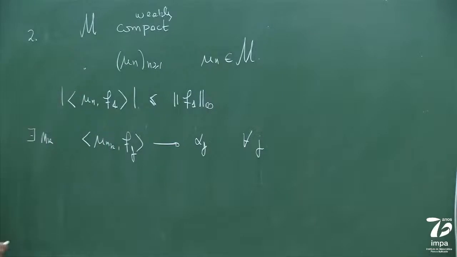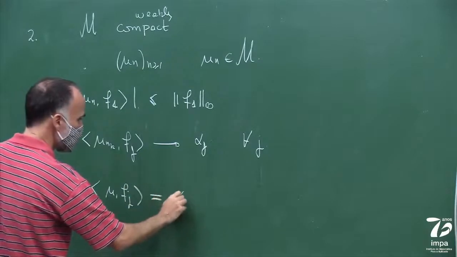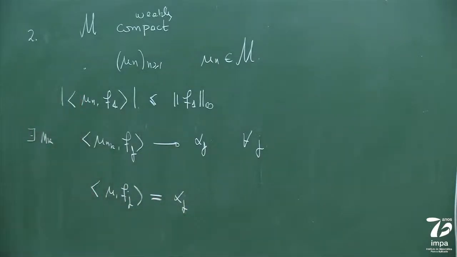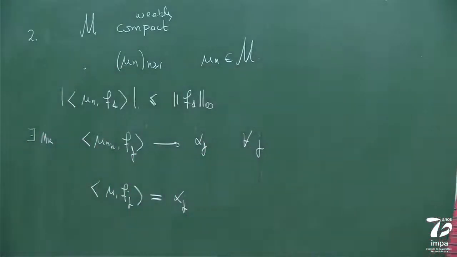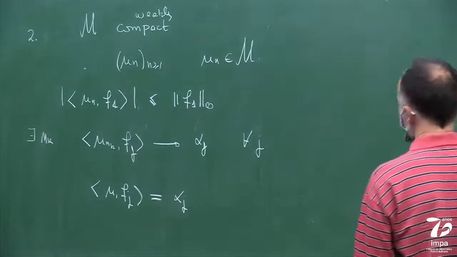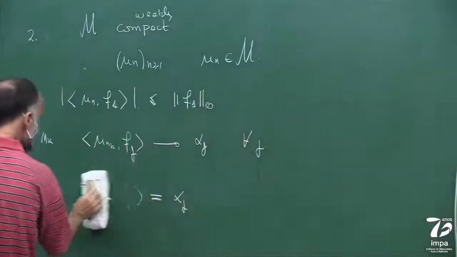Now you want to define a measure which satisfies this identity. Okay. So this is a functional. Or if you wish, so this is not maybe a good notation.